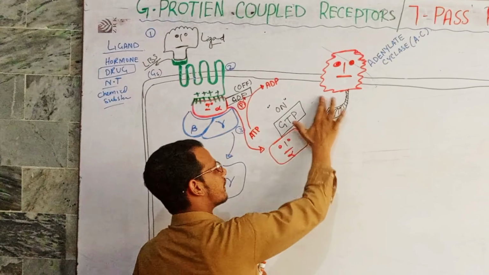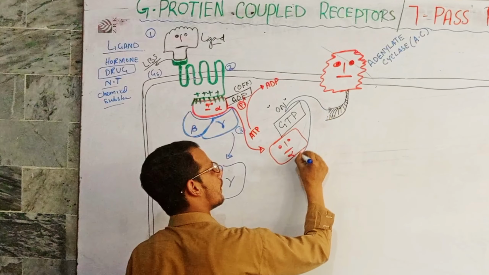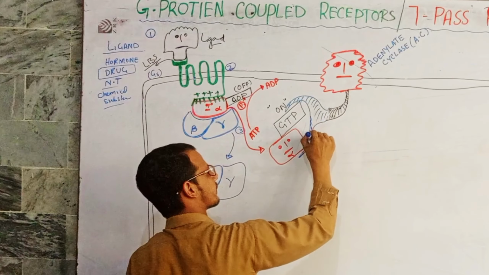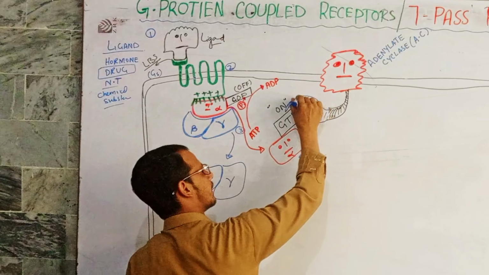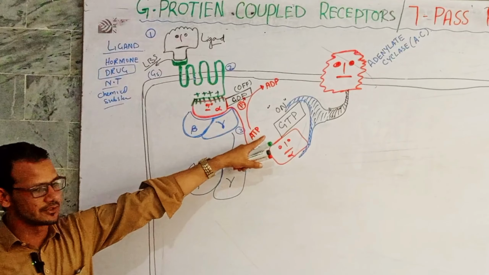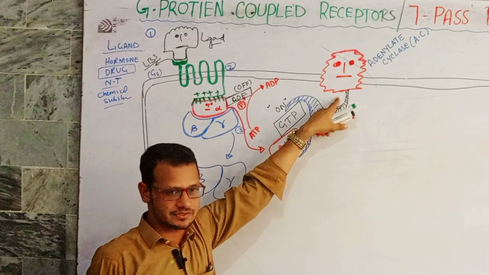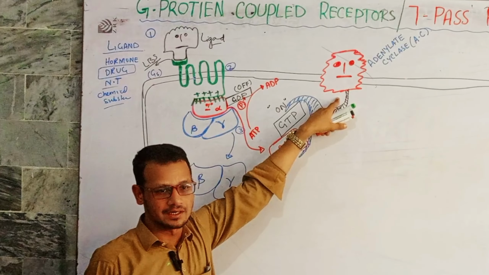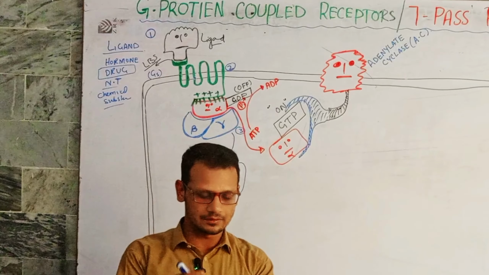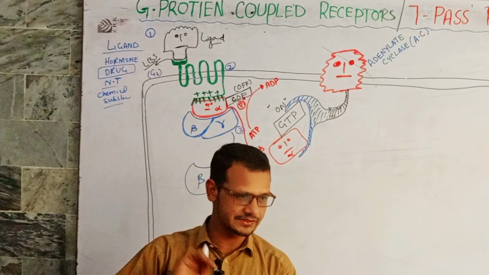This is the activation of adenylate cyclase, and why does it want to cut this GTP from the alpha unit? Because adenylate cyclase is responsible for making second messengers, and the second messenger is responsible for biological changes, reactions or responses inside the cell, right?